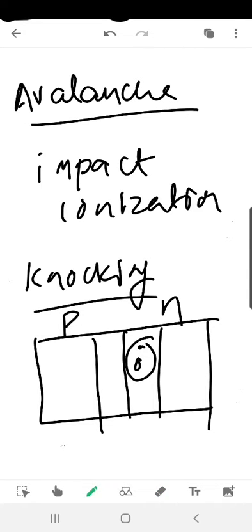So if this electric field is large, the minority electron from the p side will accelerate due to the electric field. The electric field will provide energy to this electron on the p side, and it will strike this electron hole pair in the depletion region.